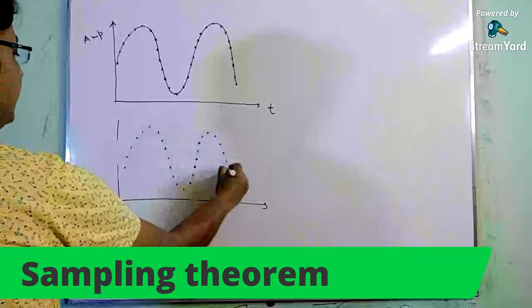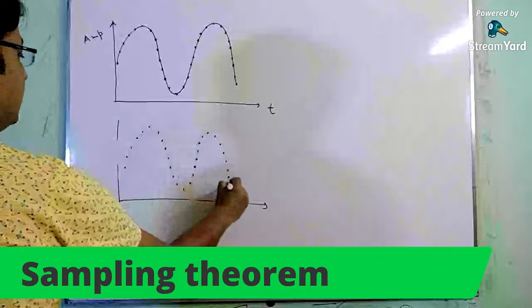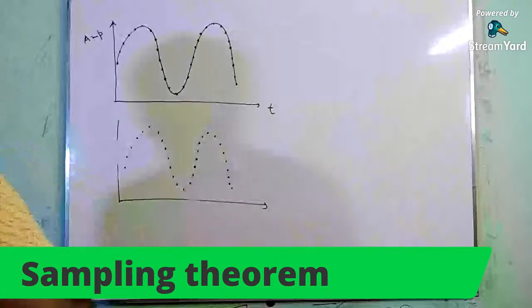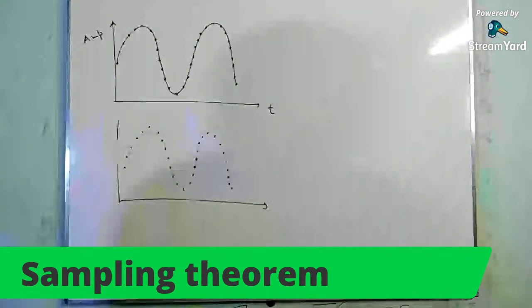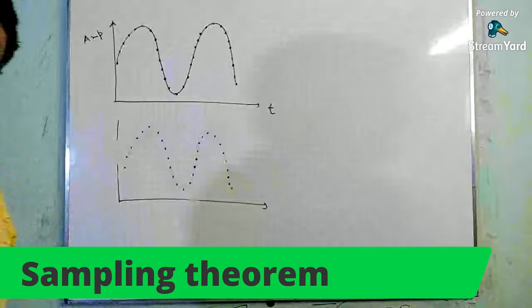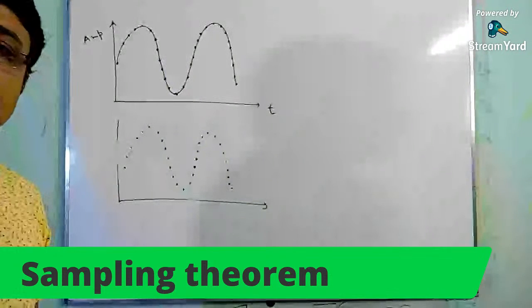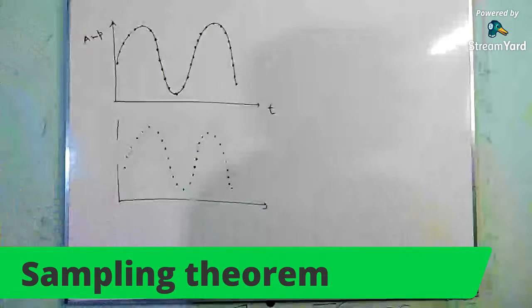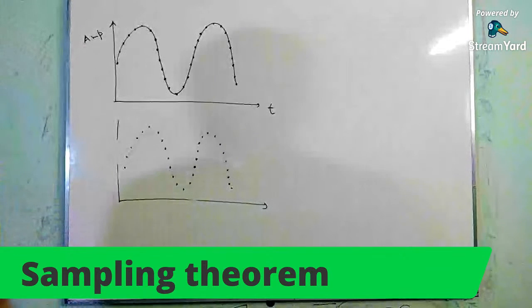Now I have taken the values after 5 seconds. So these are the values I get from the original signal by sampling, by taking discrete values from the signal after each 5 seconds of interval.